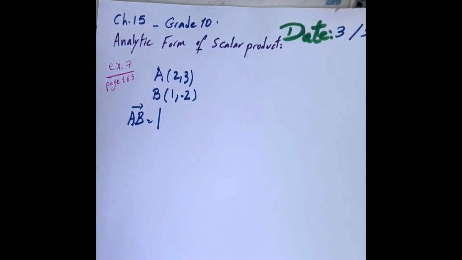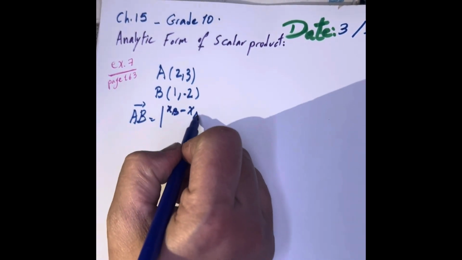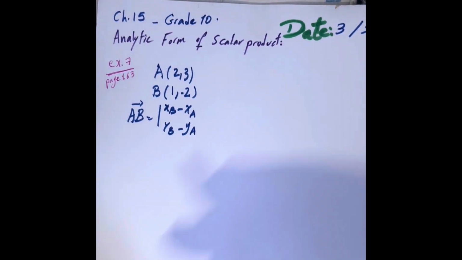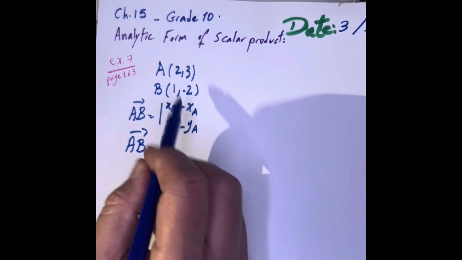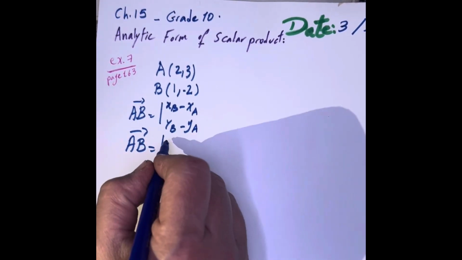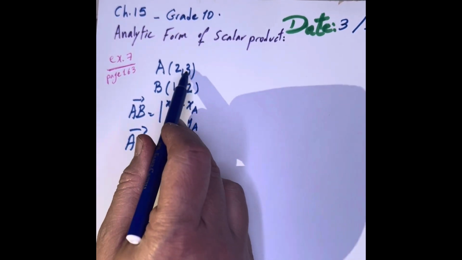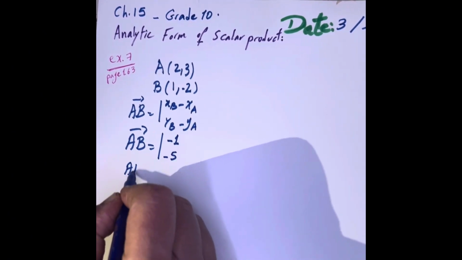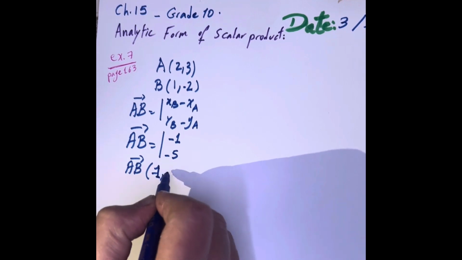Which is XB minus XA, YB minus YA. These are the coordinates, okay? So AB is XB minus XA, 1 minus 2, which is minus 1, and minus 2 minus 3 is minus 5. These are the coordinates of AB, and we can write them in this form: minus 1, minus 5.